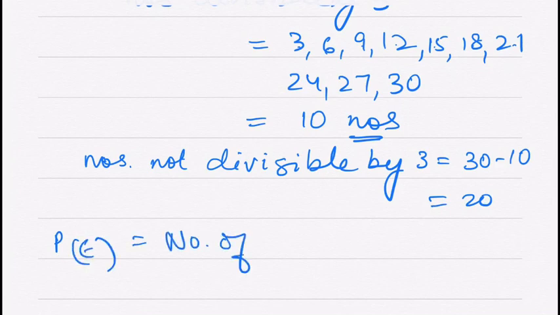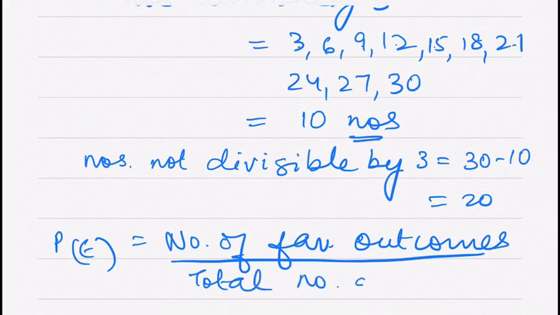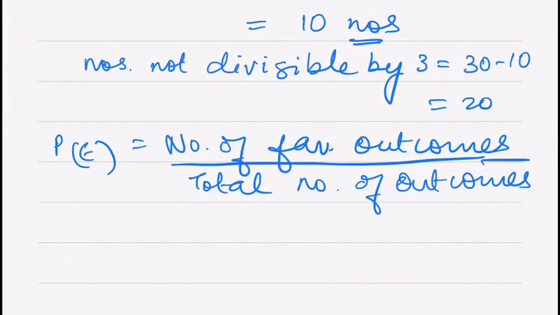Now I'll write down my formula. Probability of an event is equal to number of favorable outcomes by total number of outcomes. So what will it be?